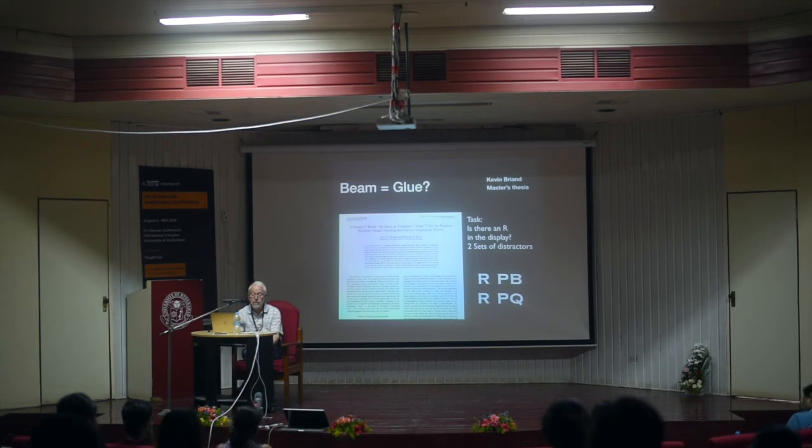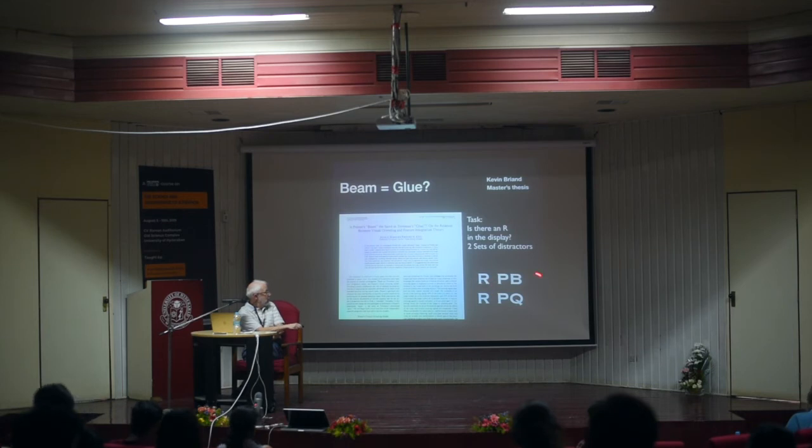But in any event, because the R has features of both P and Q, and the R does not have both the features of P and D, you could tell if there were an R present by the presence of this feature, slanted line, when you were in this set. But you couldn't tell if an R was present simply by this feature when you were in this set, because the Q has exactly that feature.